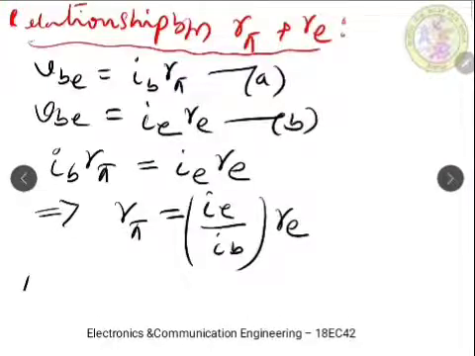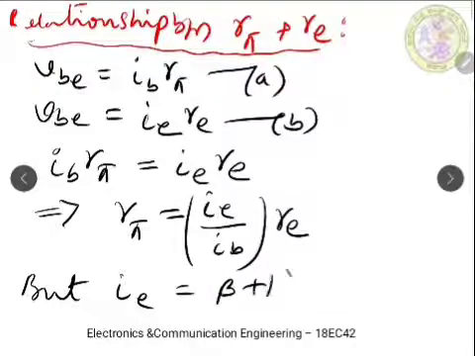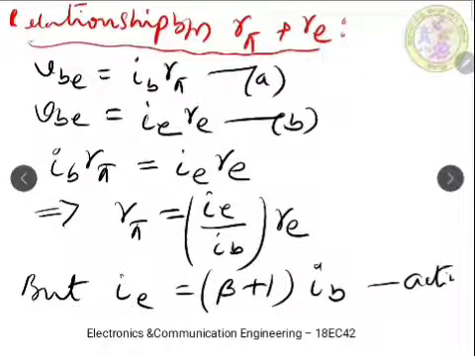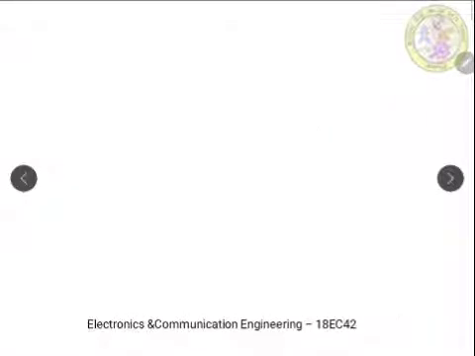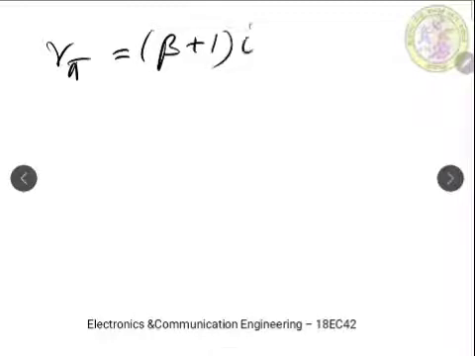But there is a relation between ie and beta: ie is equal to beta plus 1 into ib. This is particularly in the active mode. Substituting this relation in the above equation, r pi is equal to beta plus 1 into ib divided by ib into re.